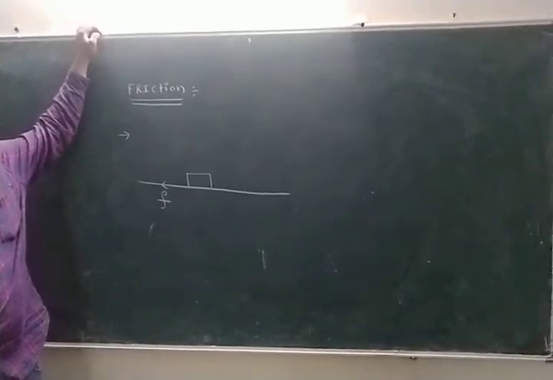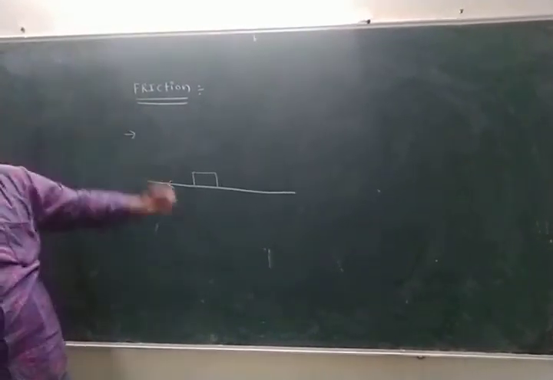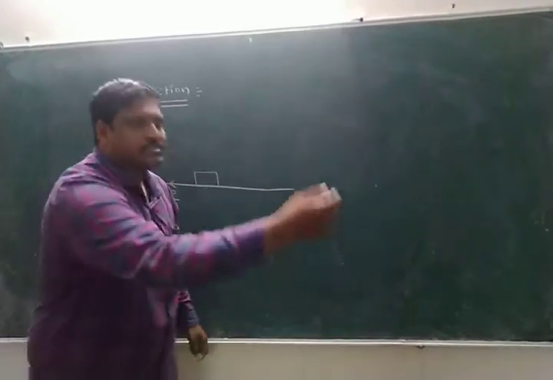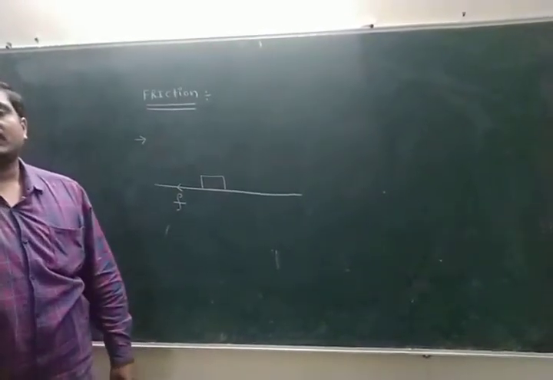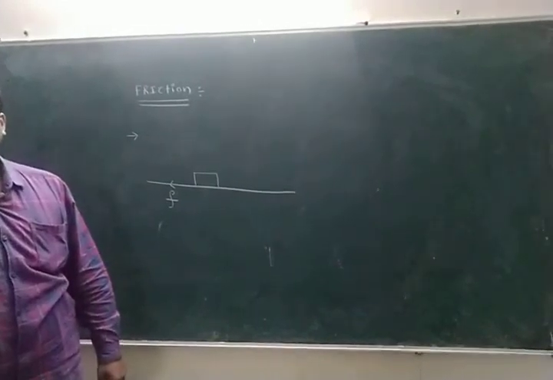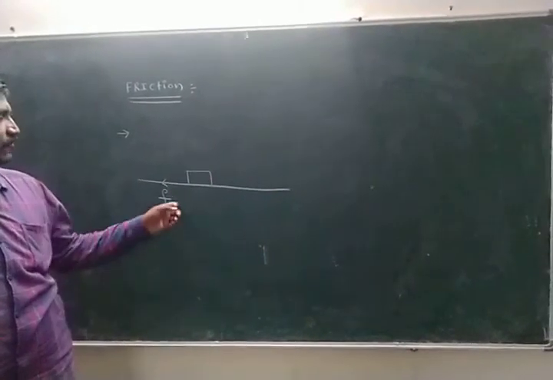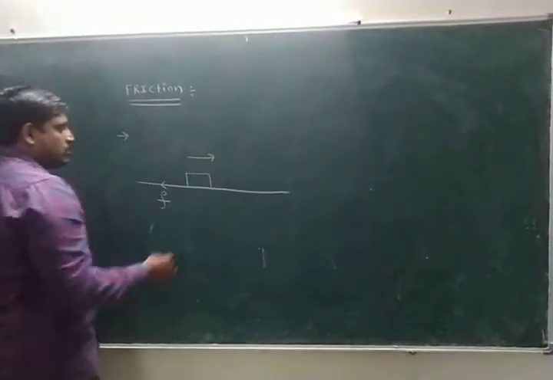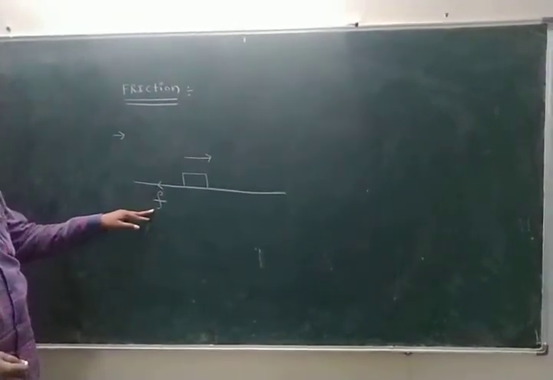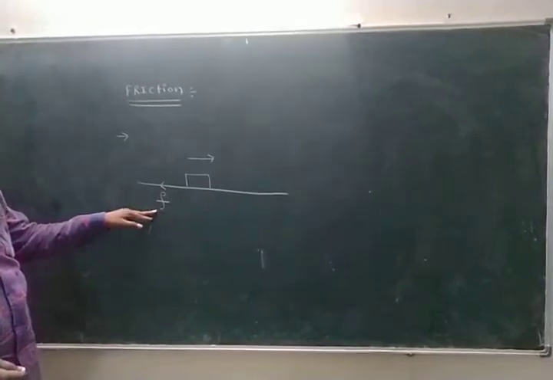Once again, a marble rolls on the rough surface. Initially it is in motion. After some time it comes to rest because of the opposing force. This opposing force is frictional force.